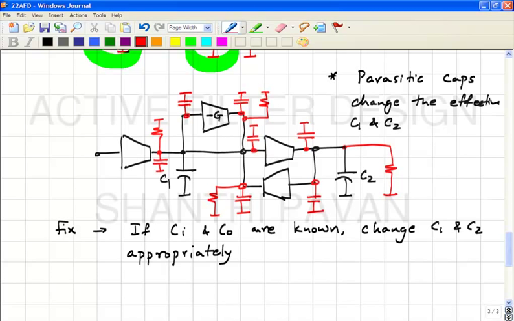We can see that this resistor now appears in parallel with this resistor and this resistor, and these three resistors come in parallel with the original damping resistor, which is 1 by G. So adding extra resistance in parallel is equivalent to reducing that resistor, thereby reducing the quality factor.